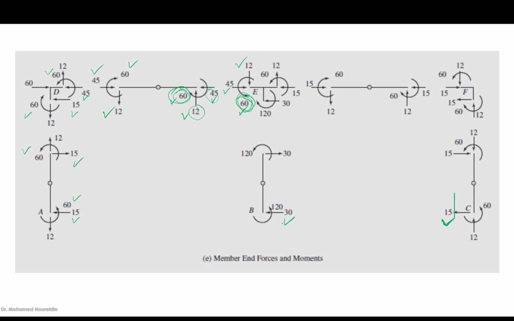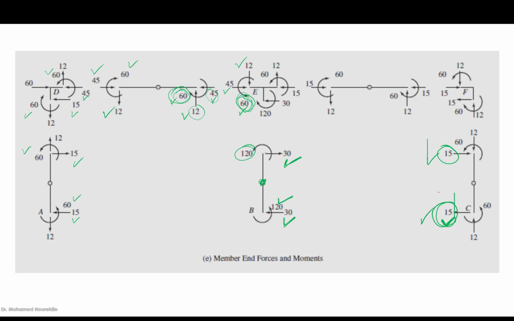If we know this is 30 and this is 15, this means that taking the moment here, we can obtain the value of the moment at B, which is 120, right? And if this is 120 counterclockwise, this should be 120 counterclockwise. If this is 30, then this is 30 in the opposite direction. Similarly, this is here 15, this should be 15 in the opposite direction.